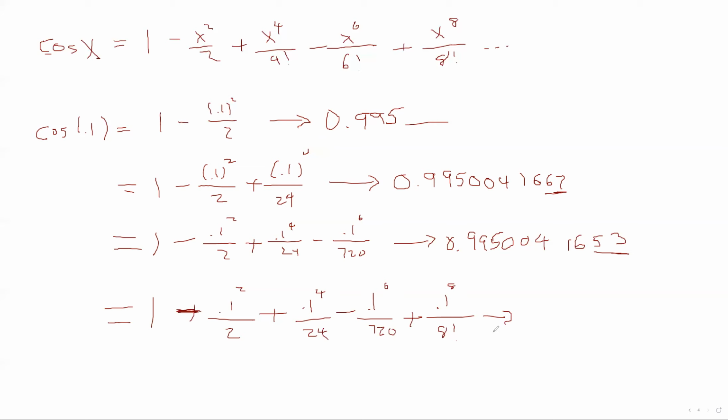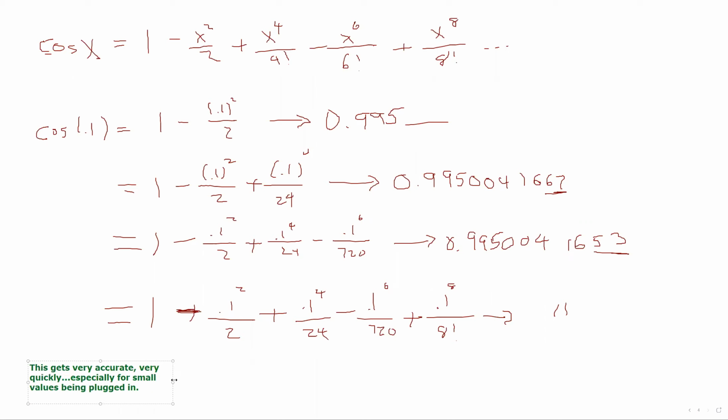So plus 0.1 to the 8th divided by 8 factorial. Let me make sure that we do this right. Okay, and yes, it's exactly equal to the same thing. It didn't move. So what's the moral of the story? This gets very accurate very quickly, especially for small values being plugged in.